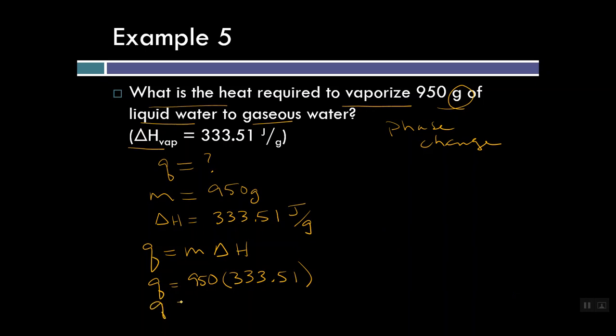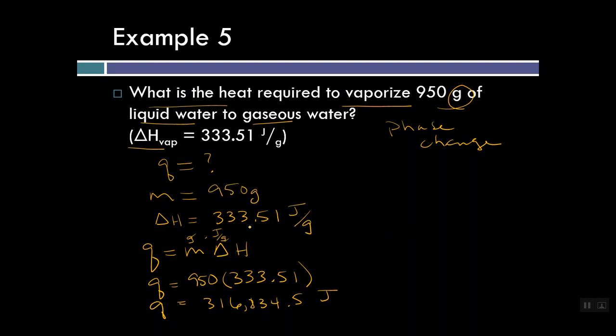And I get that my energy is, and energy is joules, right? Because I took grams times joules per gram, so my grams cross out. Remember good old dimensional analysis? And that gave me joules. So that is my answer.